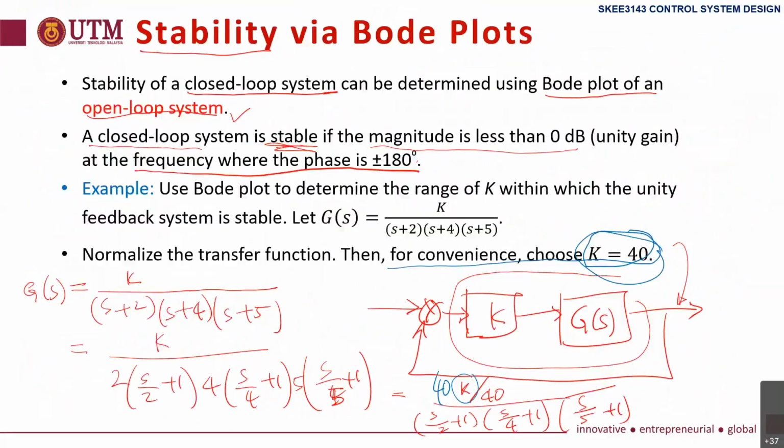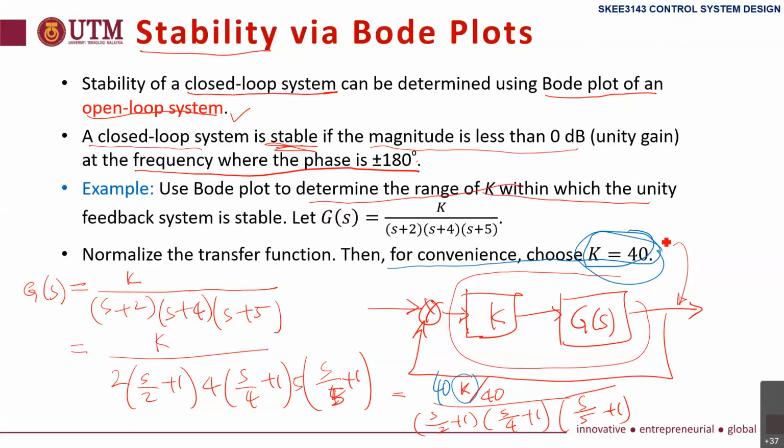That is, we can see the question here. We haven't completed the question. We just checked stability just now at K40, but the question is to determine the range of K for stability.